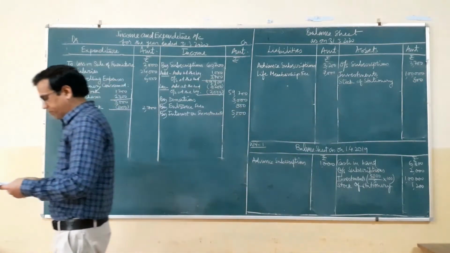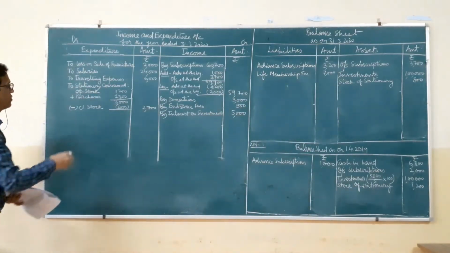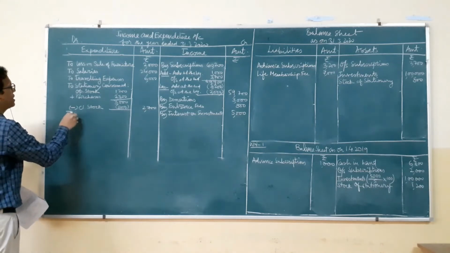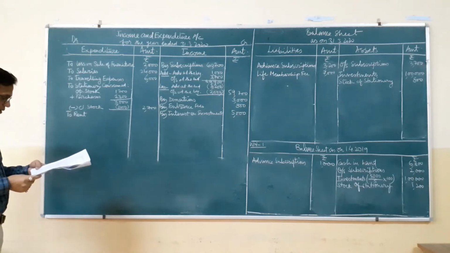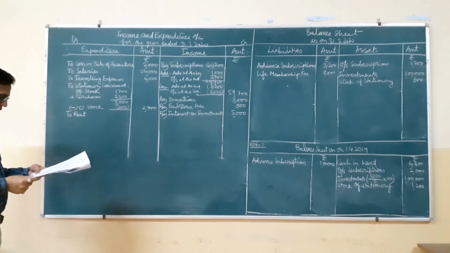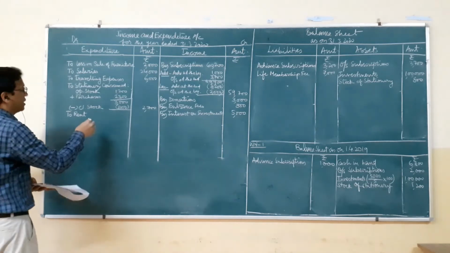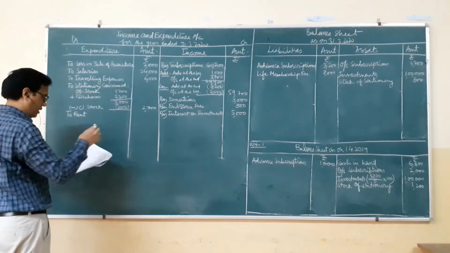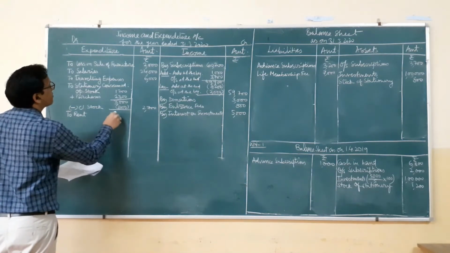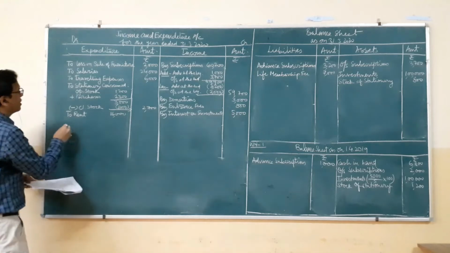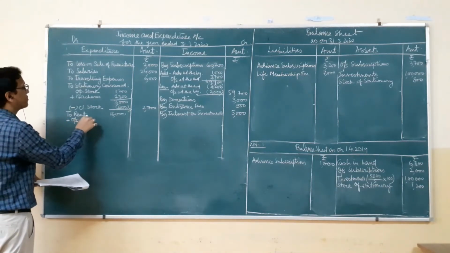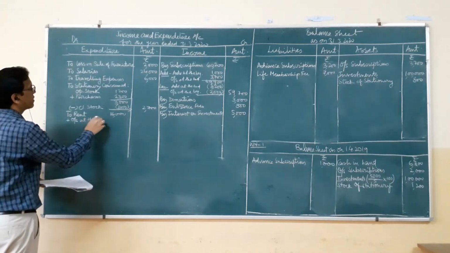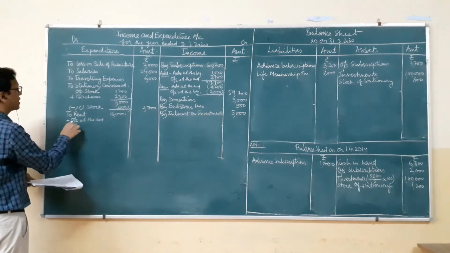The next is by rent. So we write here rent, and before finalizing the amount, we will check in the additional information if any adjustment is given. Yes, outstanding rent is given. So rent amount first we write in the inner column, 16,000 plus outstanding at the end and minus outstanding at the beginning.